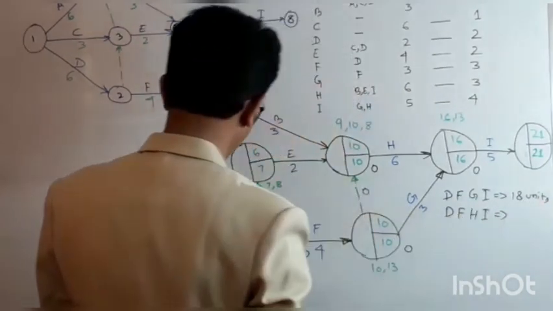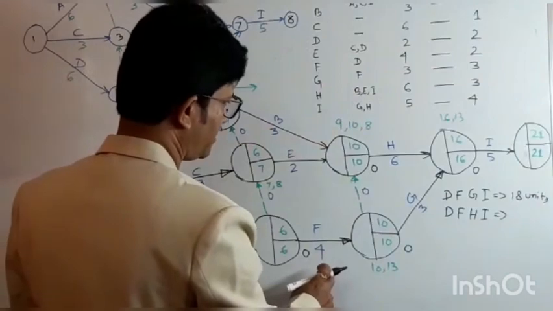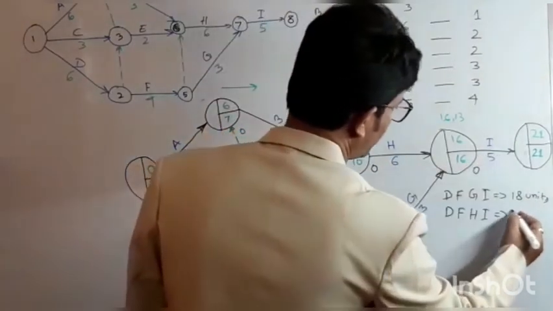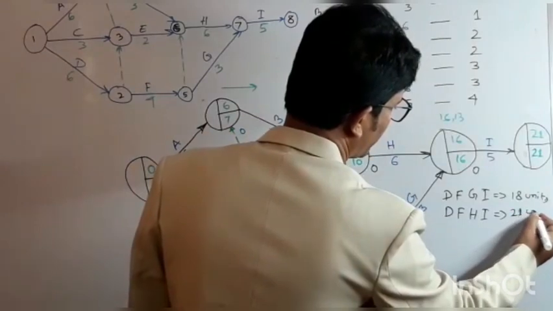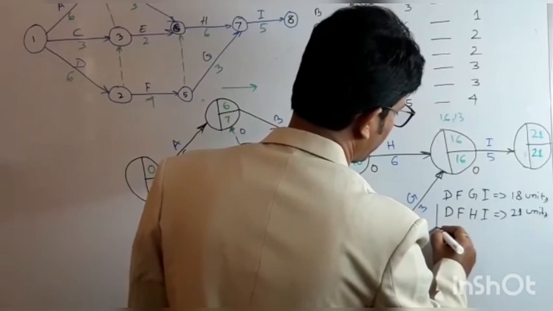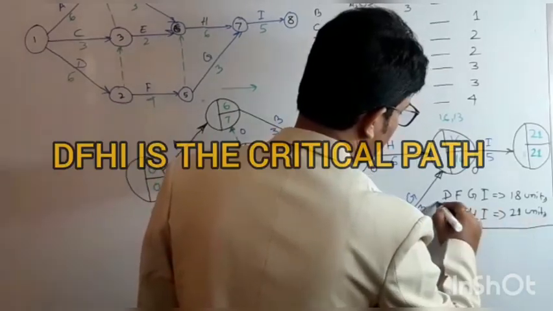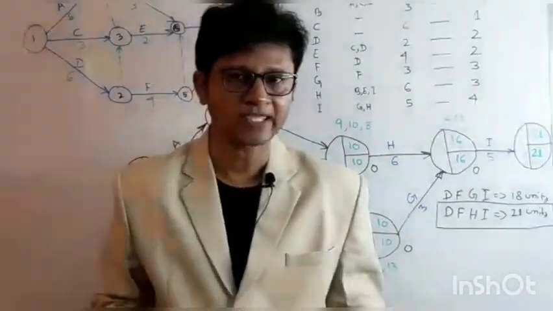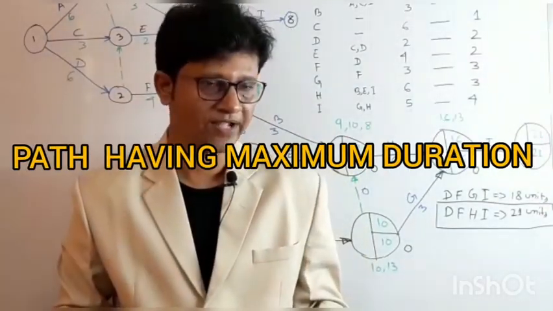And this DFHI, 6 plus 4, 10. 10 plus 6, 16. 16 plus 5, this is 21 units. So this is the critical path. Actually, the critical path is the path having the maximum duration. That is the critical path.